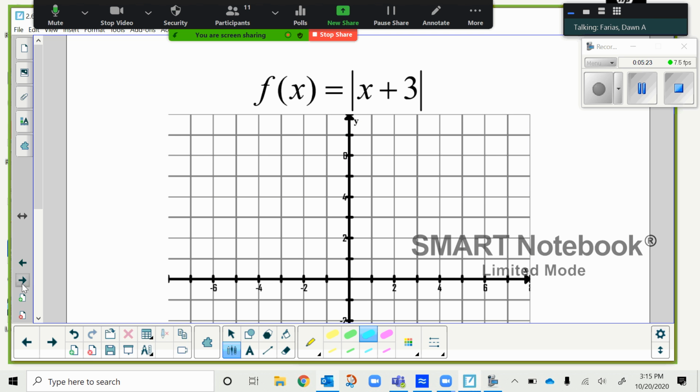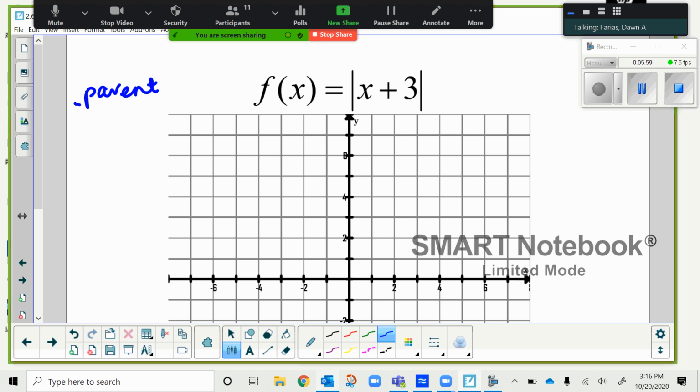Okay, so here's an example of just h. So this is an example of h, not k, because the thing that's being added is inside with the x. It's inside the absolute value. But what I want to do first actually is graph the original function before it had a +3, okay, the parent function, because we're going to use that to do our transformation.